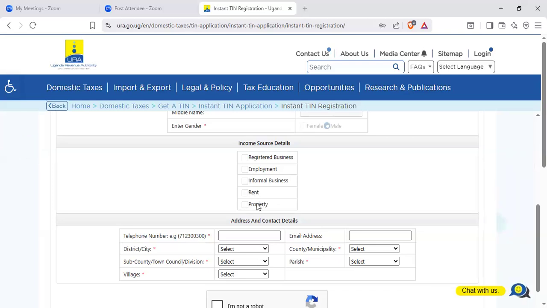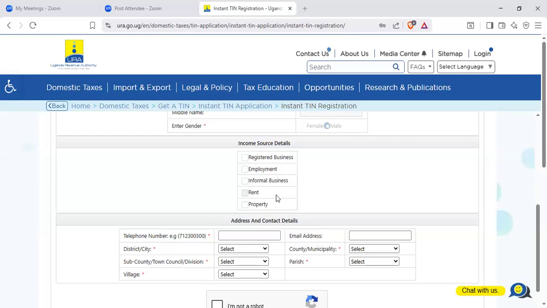Could it be that the landlord is asking you for your TIN? So you can just click any of these income sources. Could it be that you have investment somewhere?